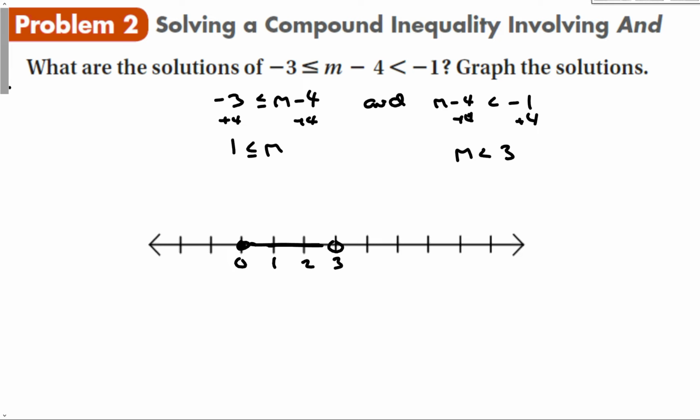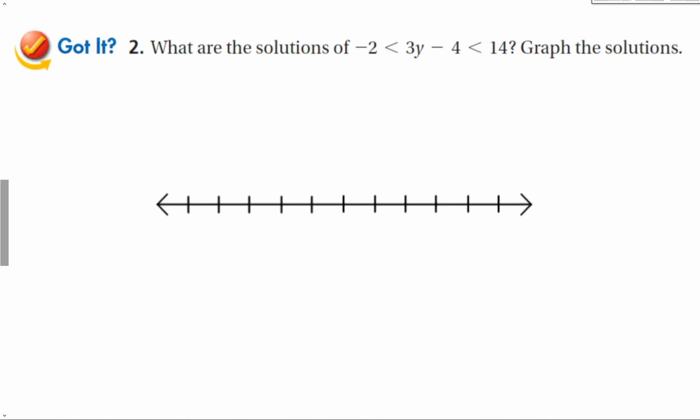Let's look at that again. Okay, in this method, we are going to separate the inequality into two separate parts. So, -2 is less than 3y minus 4, and 3y minus 4 is less than 14. Start by adding 4 everywhere.